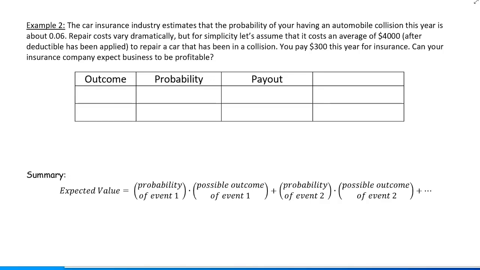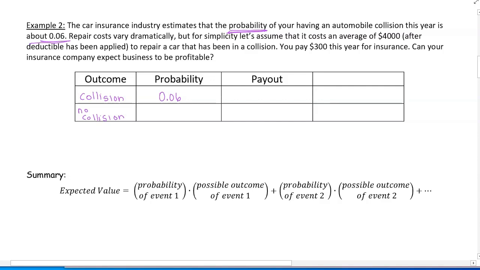All right, we have two outcomes. The first outcome will be collision, and the second outcome will be no collision. Now let's go back in the problem and see what it says. The probability of having a collision is 0.06.